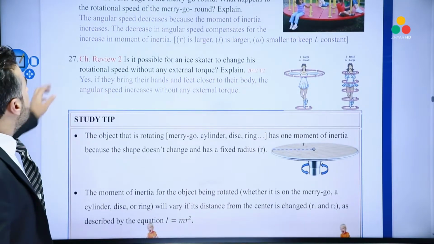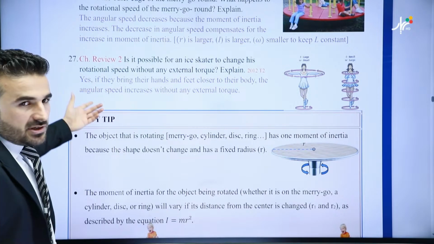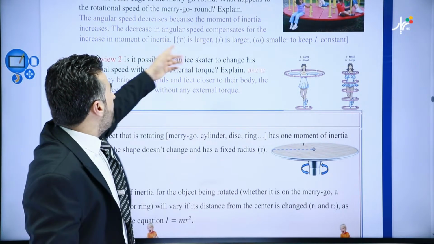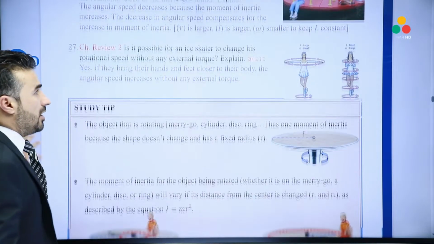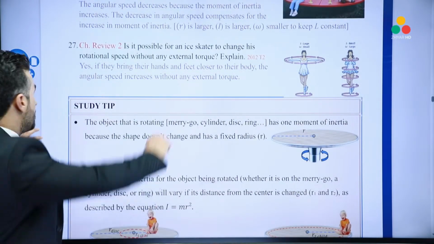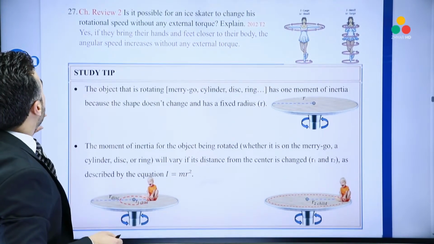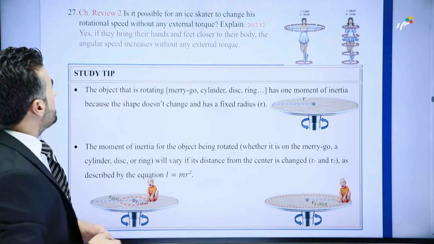It says the angular speed decreases because the moment of inertia increases. We've just talked about this. Here's the reason why: because r gets larger, moment of inertia gets larger, so omega, or angular speed, gets smaller, keeping L constant.